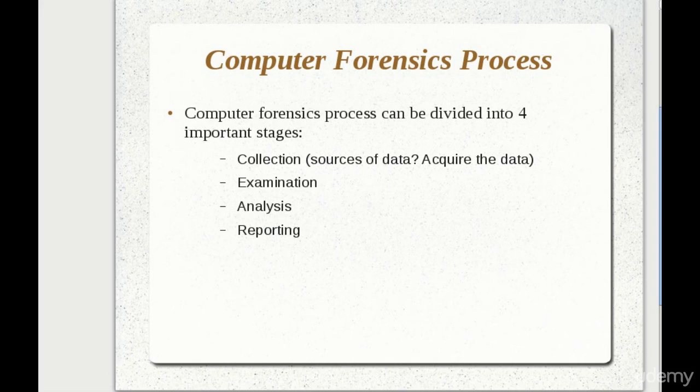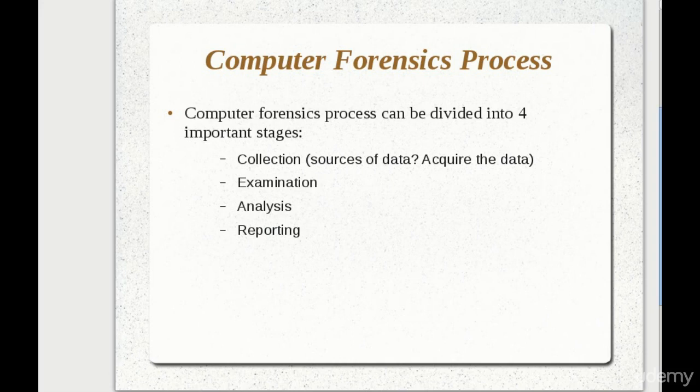As you can understand, a variety of data sources are available. For example, electronic and digital devices such as the hard drive, the USB or flash drive, the CD, DVD, and even network information. There are many possible sources from which you can acquire the data.